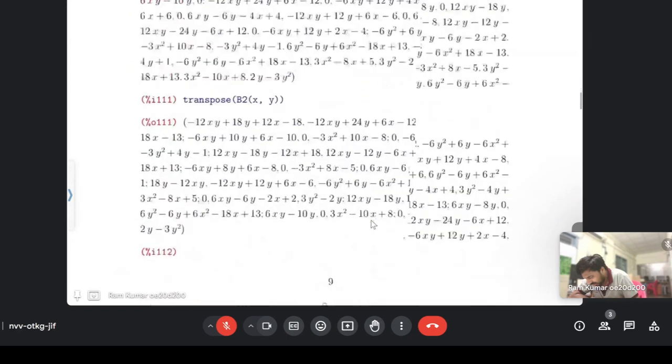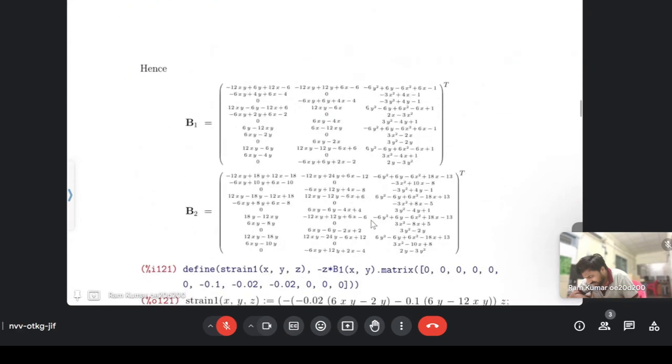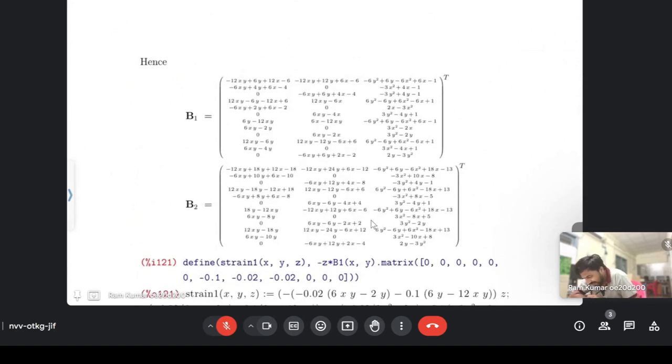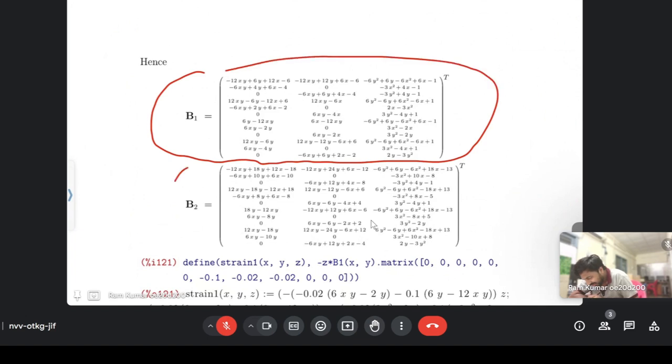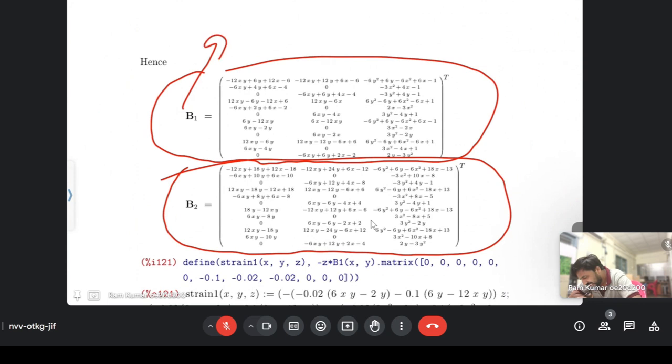B1, B2. So finally we will get B1, this will be our B1 and B2. What is B? The B matrix is the one that connects strain and stress matrix.